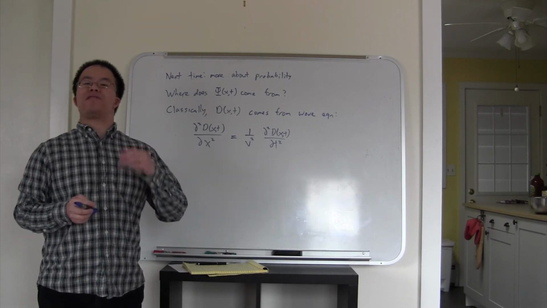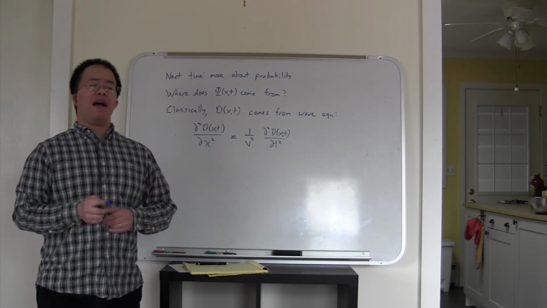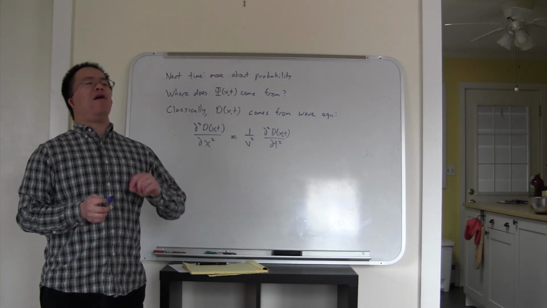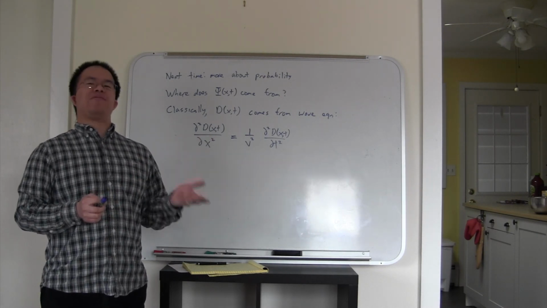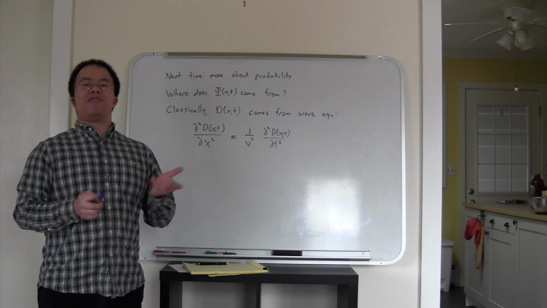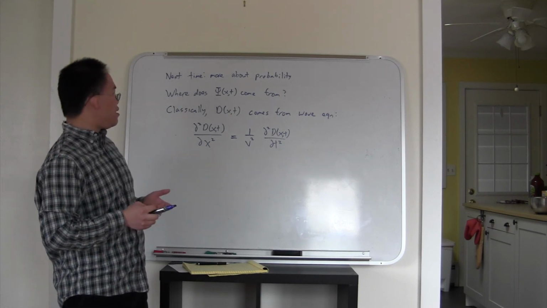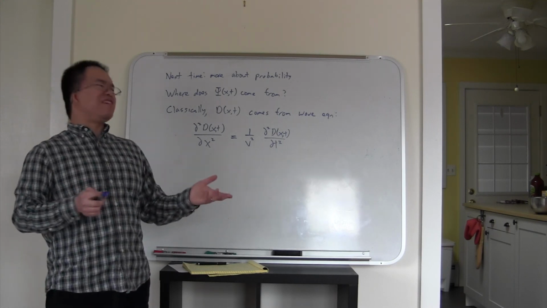wave equation from some more fundamental principles. I think it's in Knight how if you write down F equals ma, you can get the wave equation out. You can maybe even see the hints of this.